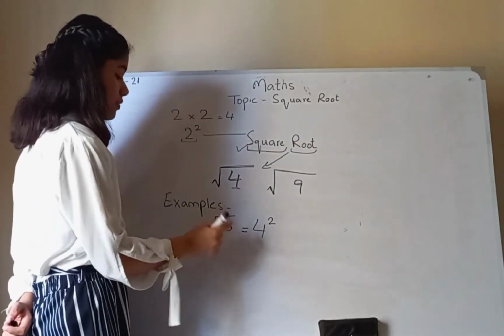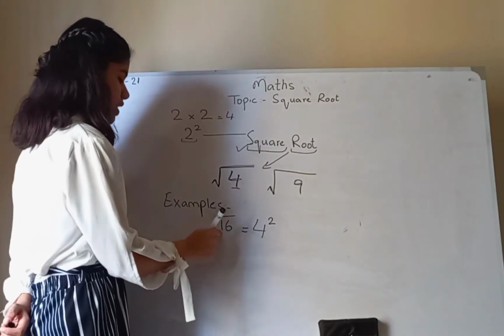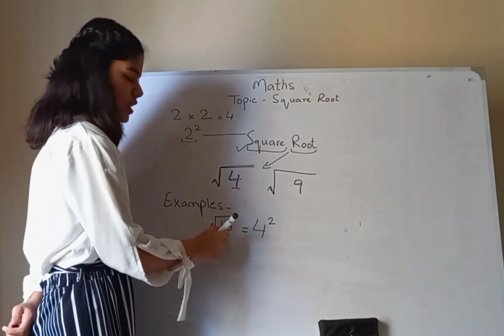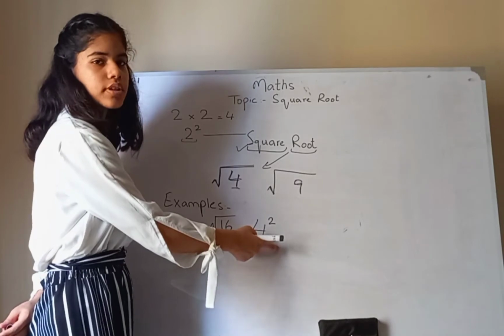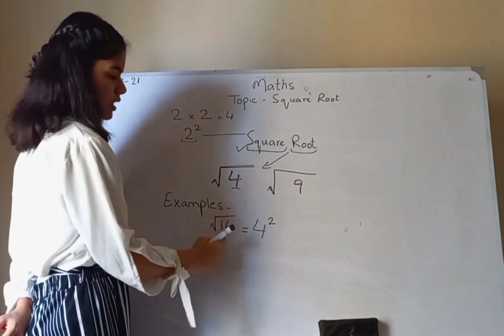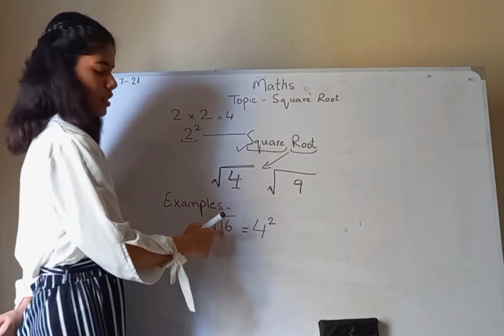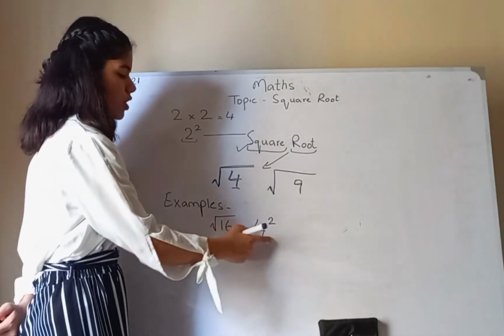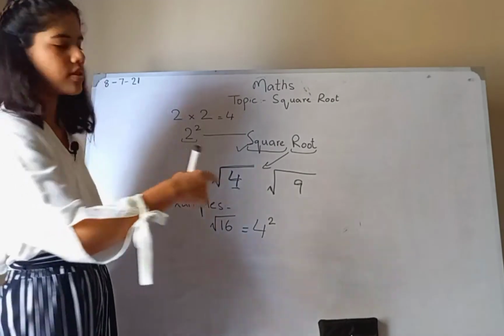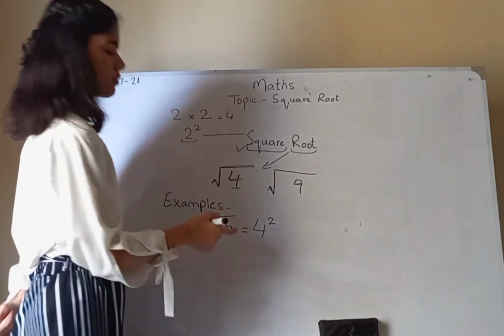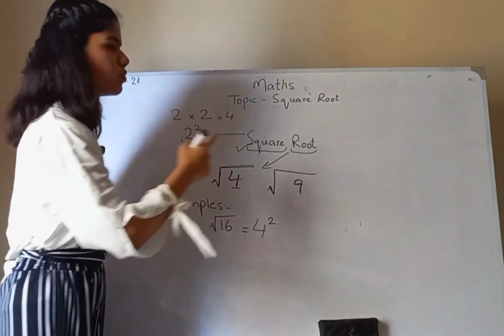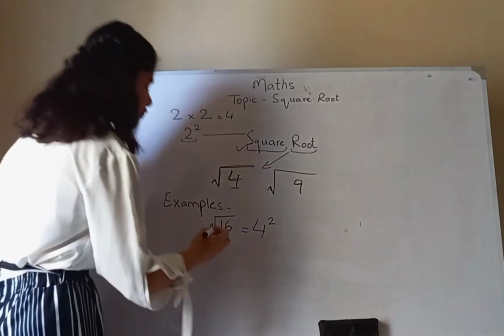If we have to simplify this, square root of 16 is equal to 4, because this is the symbol for a square root and this is a product number. This is how we are going to do square root questions.